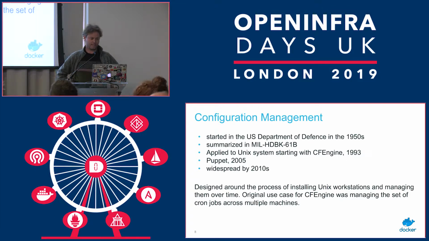And Puppet, and so on, came around in the early 2000s out of that. Some of the ideas were older, from the 50s, but this came really after packages, because you could use configuration management to manage the set of packages across multiple machines rather than having to do it by hand.